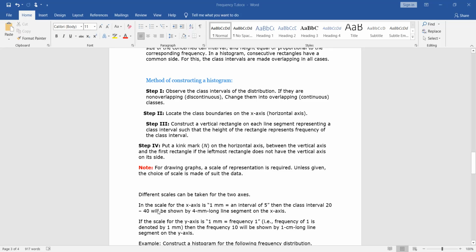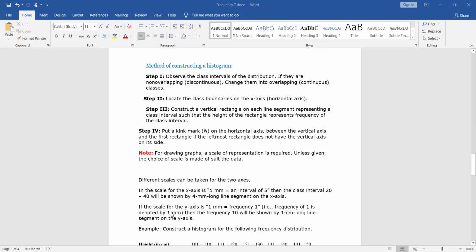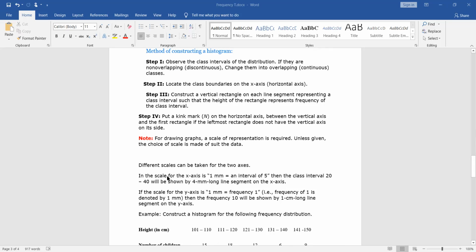We can take different scales for the x-axis and y-axis, or the same scale. But mostly in a histogram, because this is data handling, there is no need to take a random scale for the x-axis.